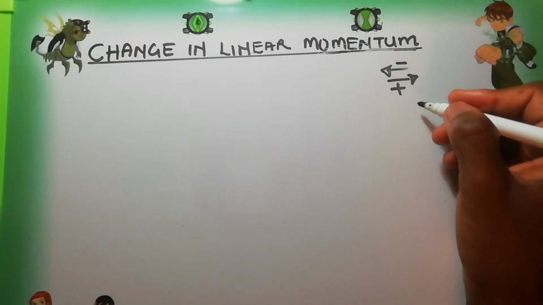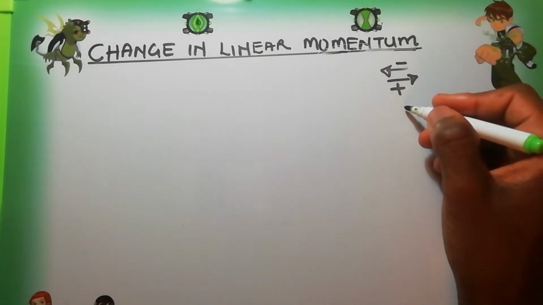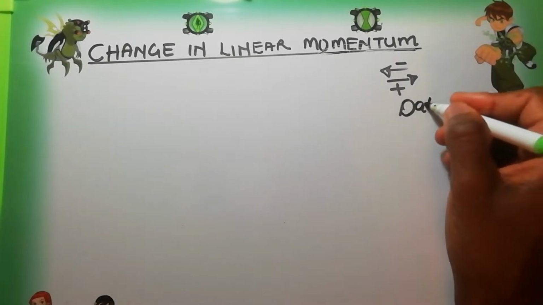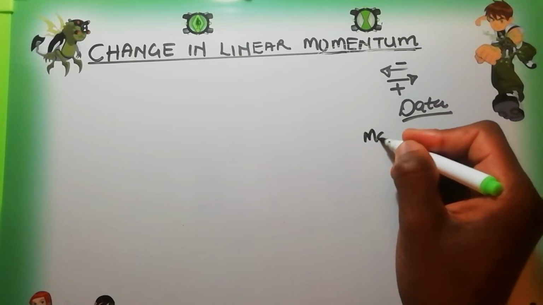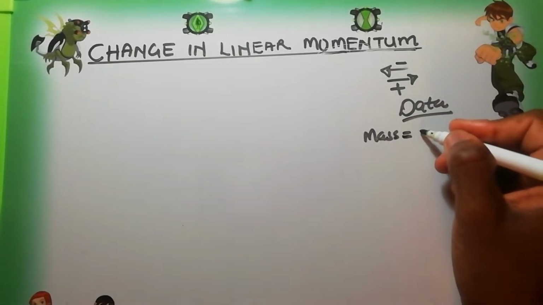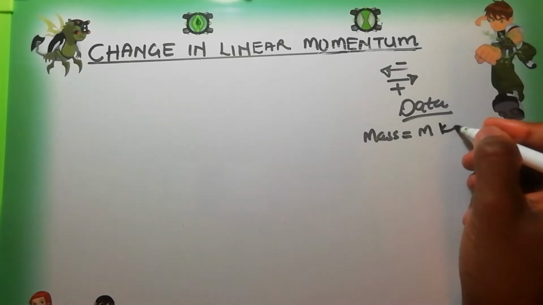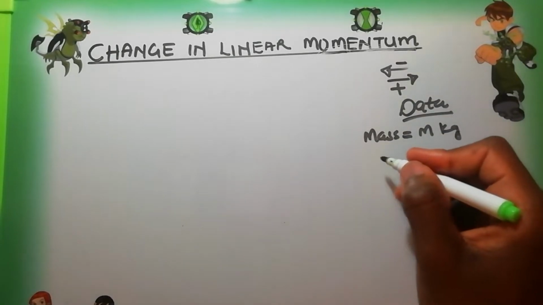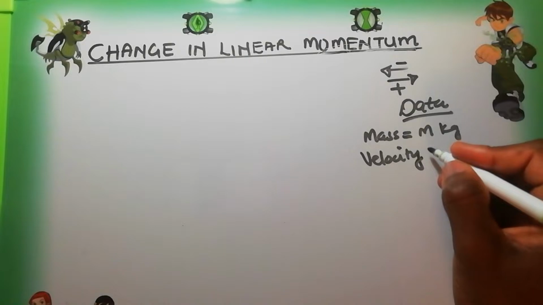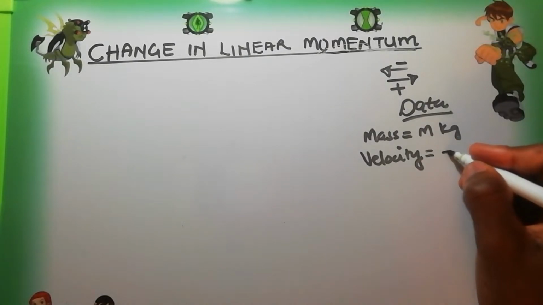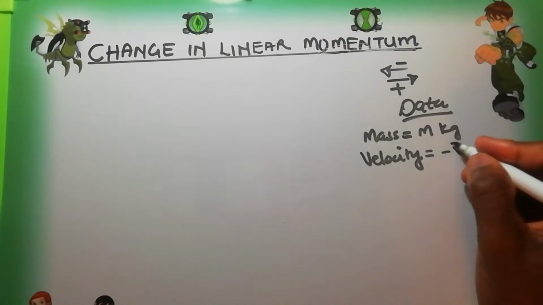Second step, we are going to list our data. So the mass of the truck equals m kilograms. Velocity of the truck is going to be negative vi.